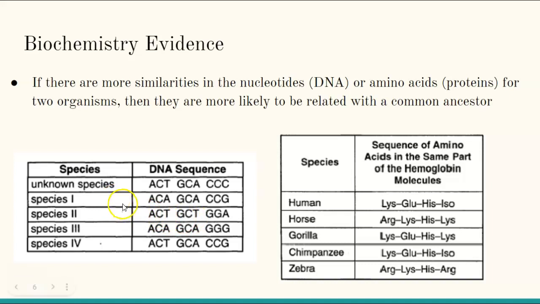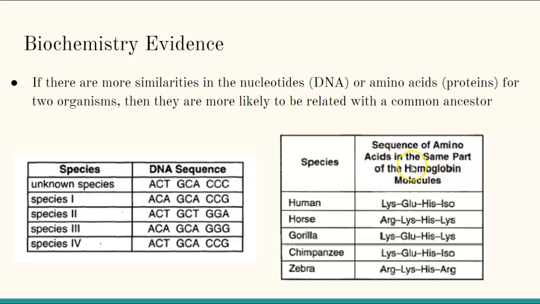That's all you want to do. In this case, our most similar species is species 4. And you can see that because there's actually only one difference in here, this G instead of a C. But that's basically all you do. You want to compare one species to the unknown at a time, that way you don't get confused.